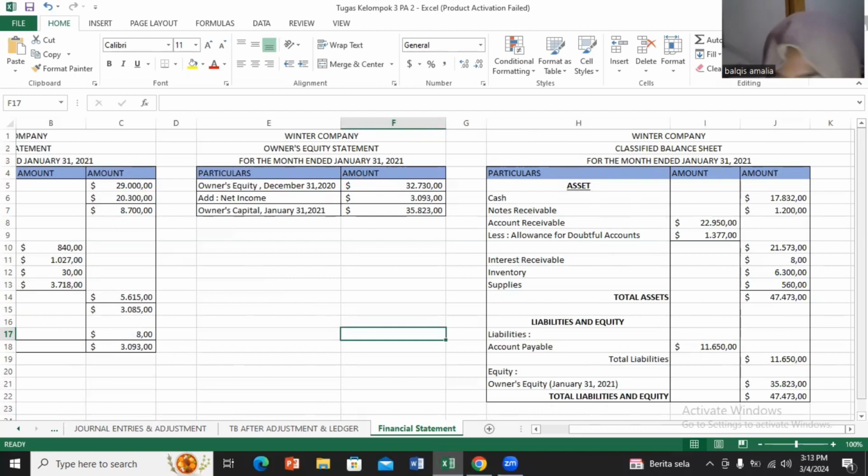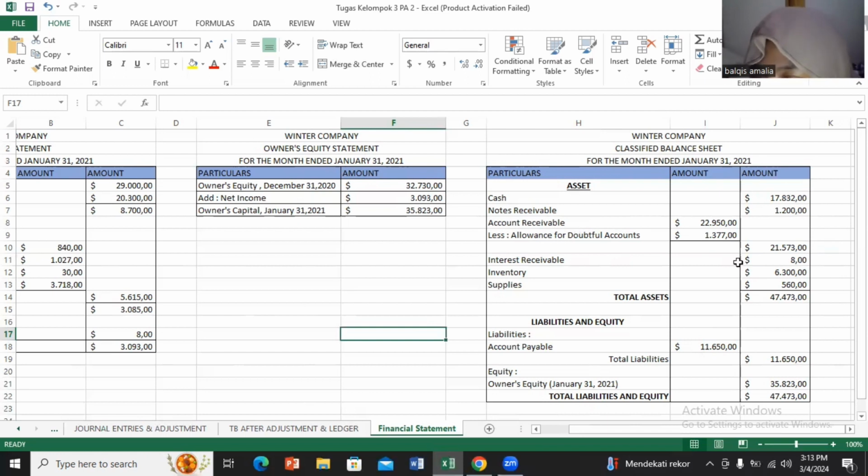We have cash of $17,832, and notes receivable $1,200, and the account receivable of $22,850, and it will be minus the allowance for doubtful accounts $1,377, and after we minus account receivable with the allowance, it will be $21,573, and after that we have interest receivable $8, inventory $6,300, and supplies $560.